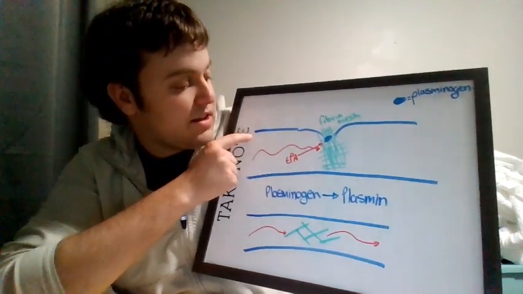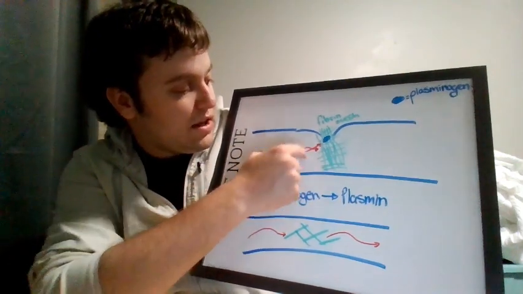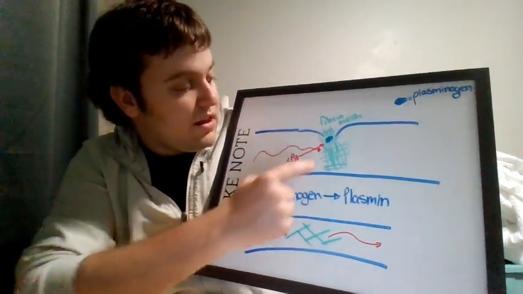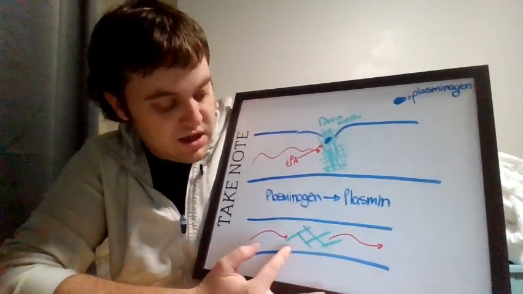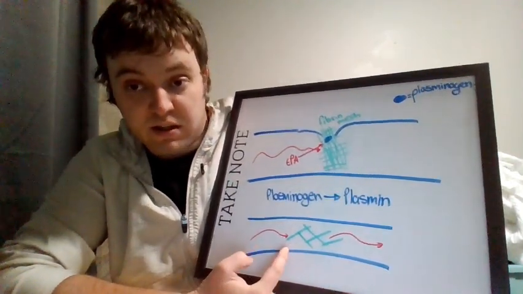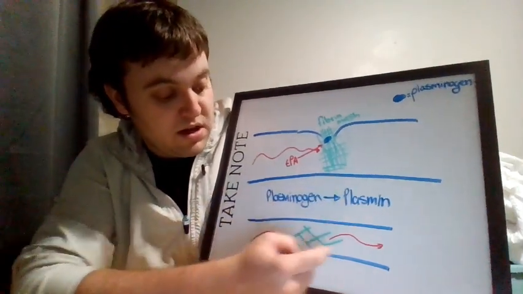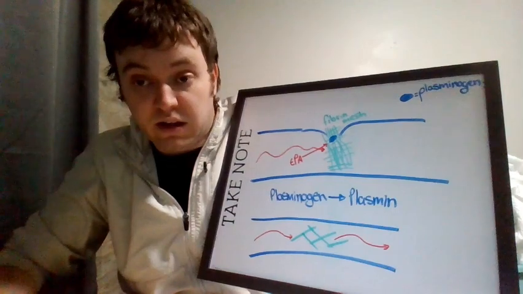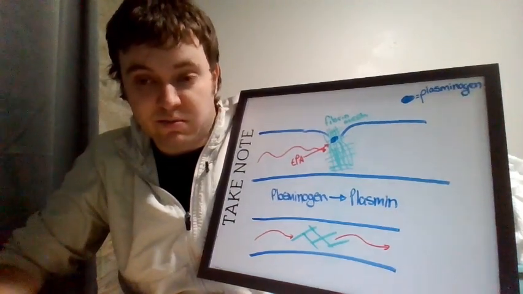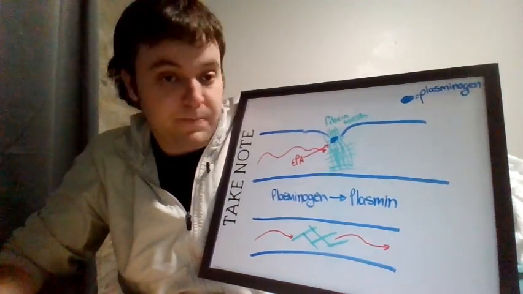Okay, and so it does that by releasing TPA, which then converts the plasminogen to plasmin, reducing the amount of fibrin mesh because it's being digested by plasmin here, causing more blood flow once the injury has been healed and the clot is no longer needed.